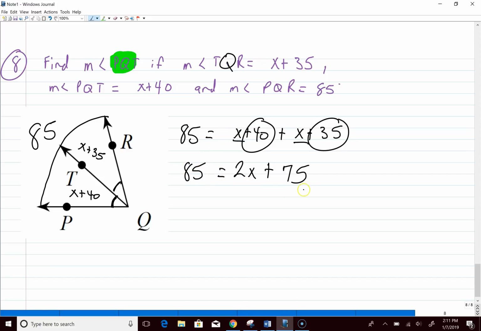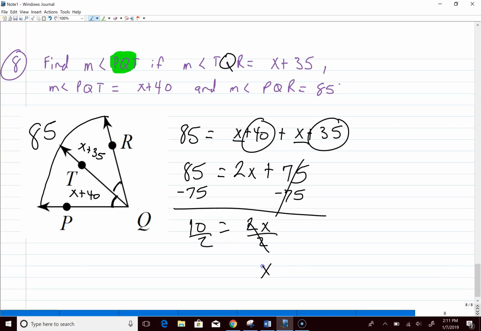Get x by itself, so subtract 75. 85 minus 75, that's 10, is equal to 2x. 2x is 10. I don't care about 2x. I want just x. So divide by 2. X is 5. Did it want us to solve for x?